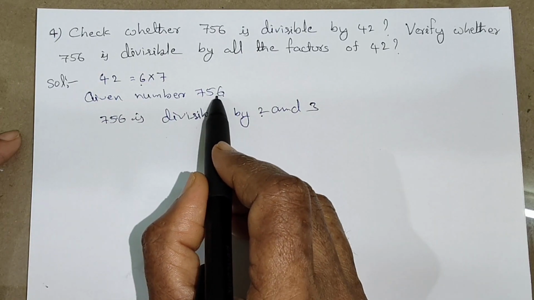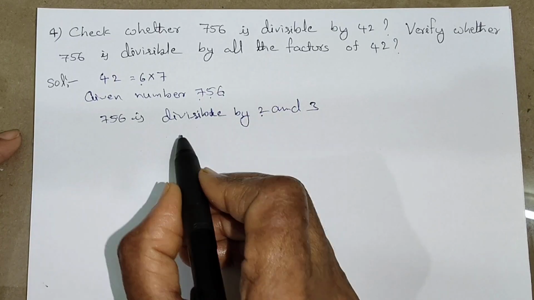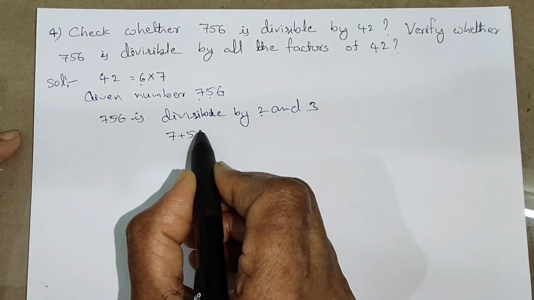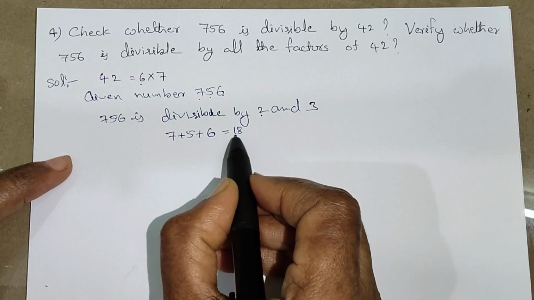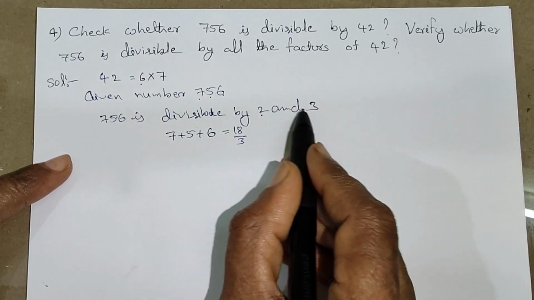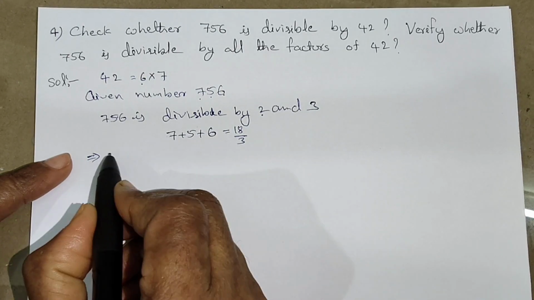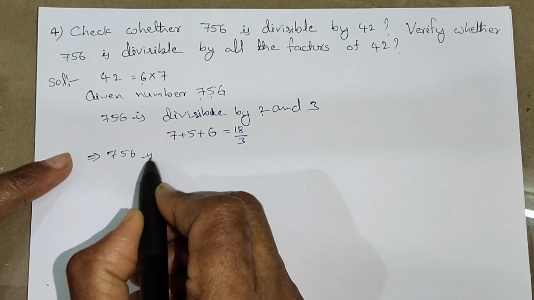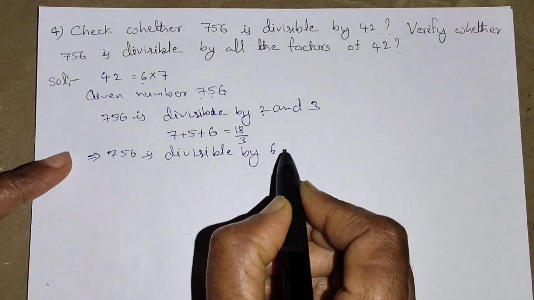The sum of the digits is 7 plus 5 plus 6 equals 18, which is divisible by 3. So this number is divisible by 2 and 3, which implies this number is divisible by 6. So 756 is divisible by 6.